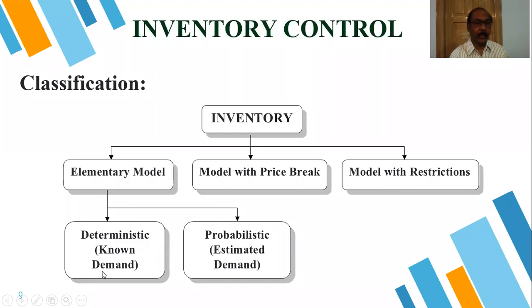That's why this is the deterministic model. And the other elementary model is the probabilistic model. So we do not know the exact demand; we know the estimated demand, that is, the expected demand. The price break model and the model with restrictions, these two we are not concerned with; we are concerned with the first, the elementary models.